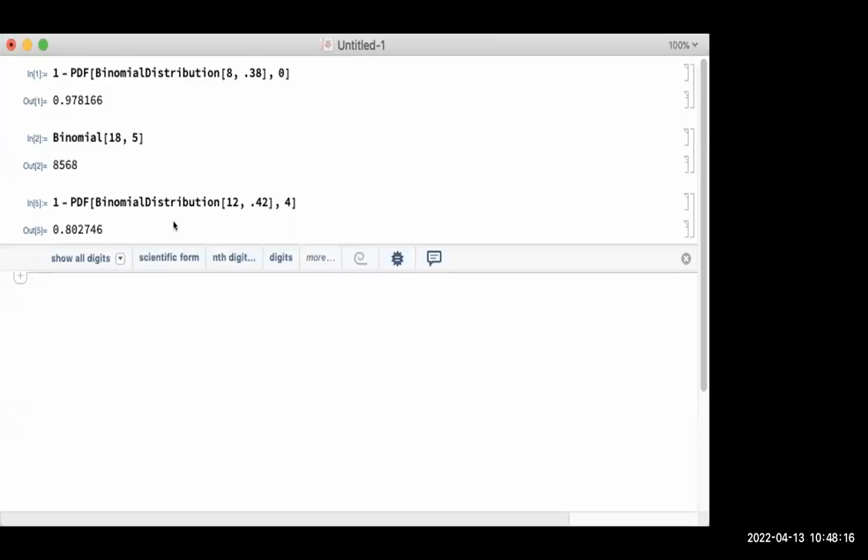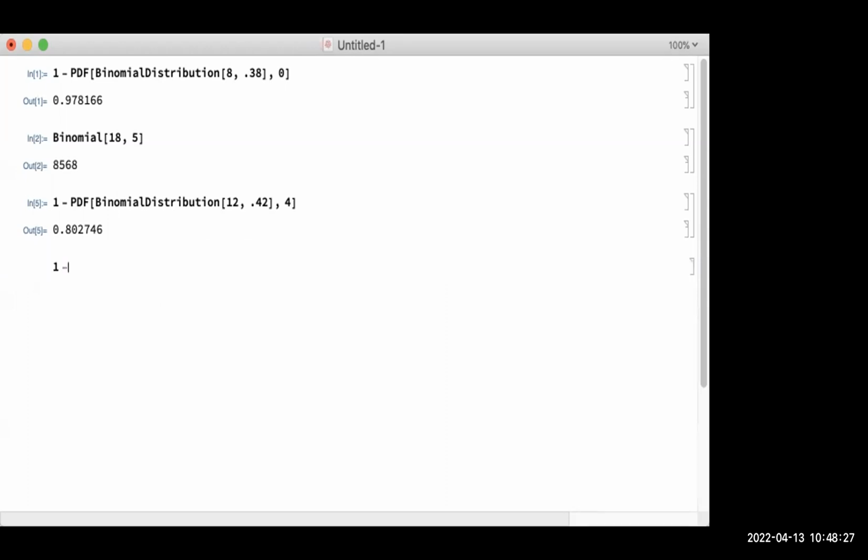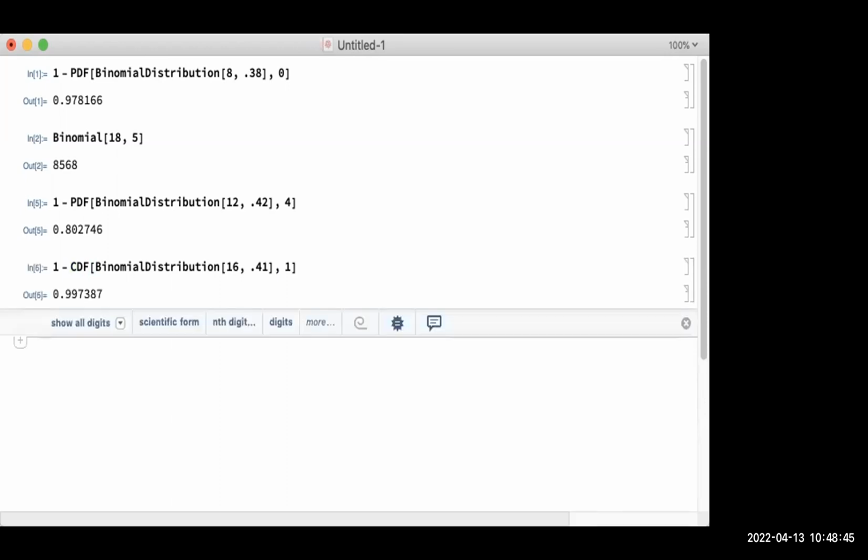Okay, so let me do this in Mathematica. So let me type this in. And so I have here 1 minus CDF for the binomial distribution with parameters 16 and 0.41. And I want to get rid of everything less than or equal to 1. And so I have 0.997387. Let me type that into my iPad.